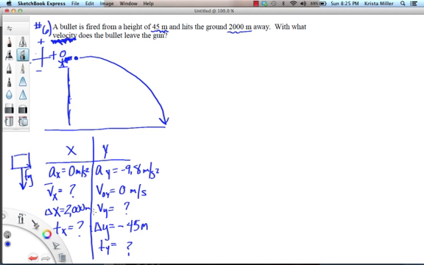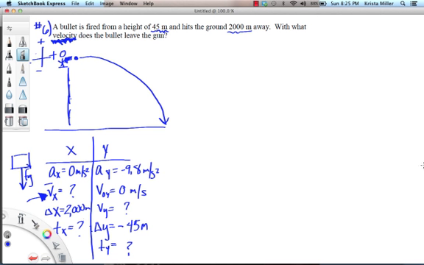Am I talking about velocity in the x direction or the y direction? Well, the initial velocity in the y direction is already 0. So we can't really do a whole lot more in the y direction in terms of initial velocity, but we can find initial velocity in the x direction. So this is our end goal: initial velocity in the x direction. So what are we going to do?